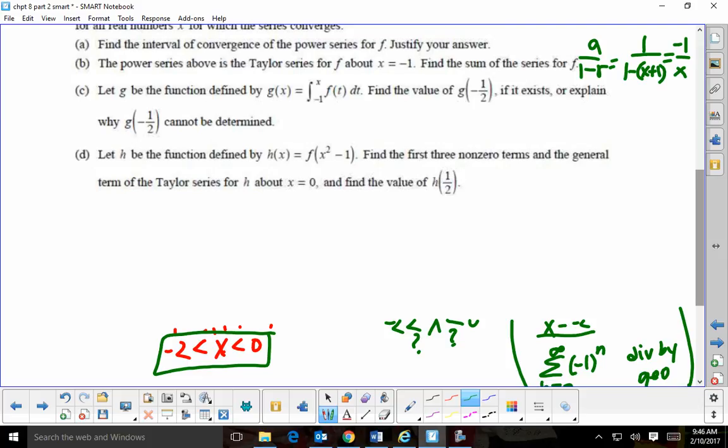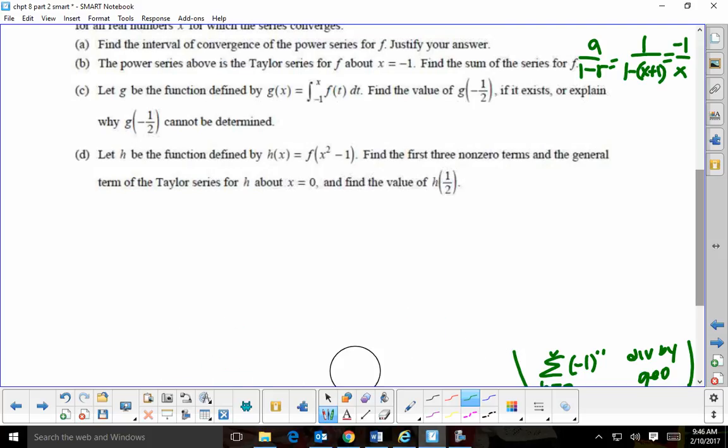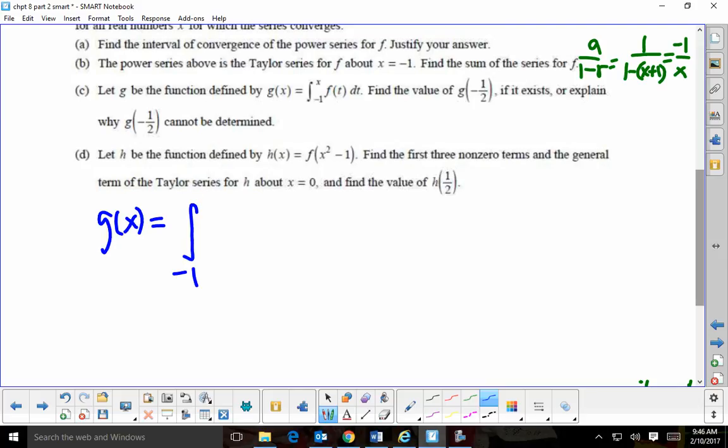Okay, C. So C says, let G be this function. So G of x is the integral from negative 1 to x of f of t. What would f of t be here?